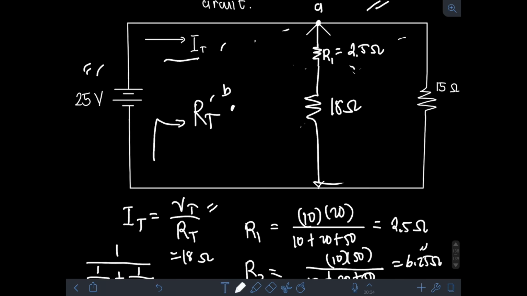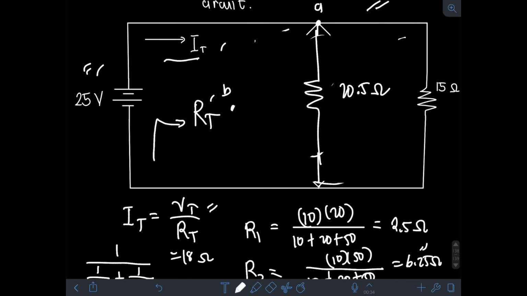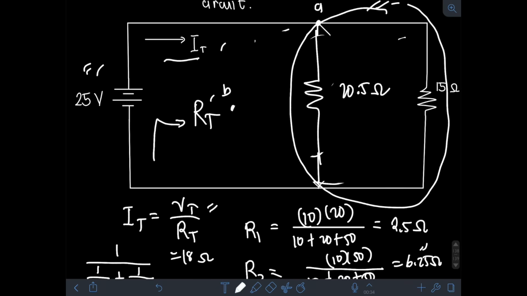Okay, next, we can see that R1 is in series with 18 ohms. So again, we can combine them by adding the resistance. So 2.5 plus 18 is 20.5 ohms. So replacing with a single resistor that has a value of 20.5 ohms. Lastly, we are left with two parallel resistors, 20.5 and 15 ohms.